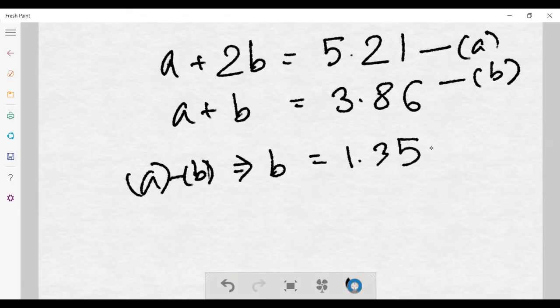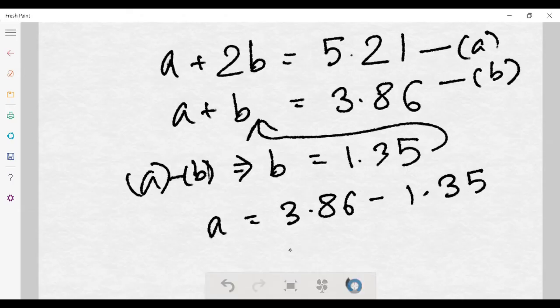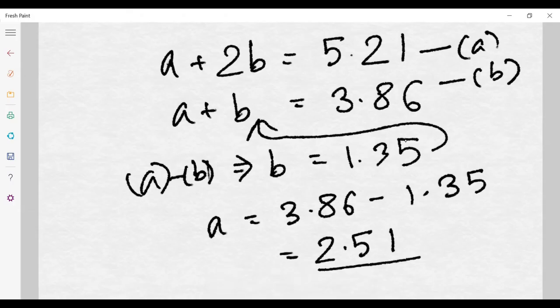Putting this value in, A will be equal to 3.86 minus 1.35, which is 2.51. Now we have got that A is 2.51 and B is 1.35.